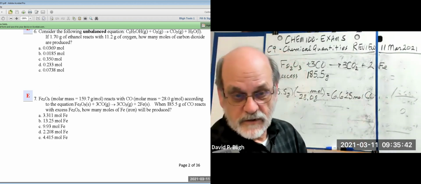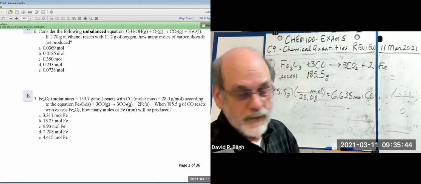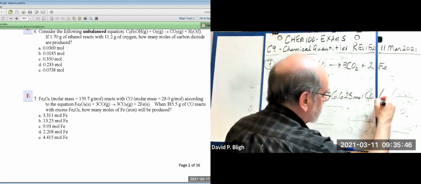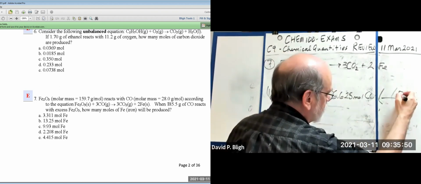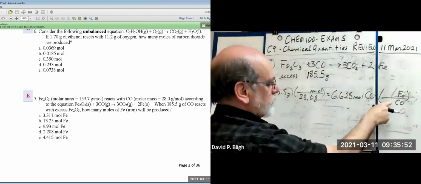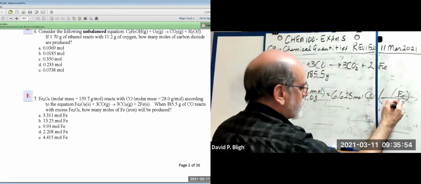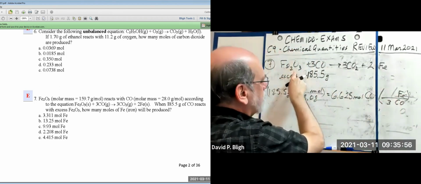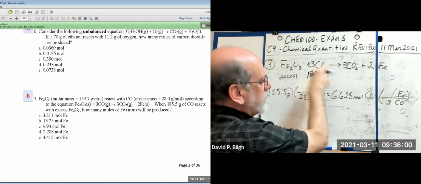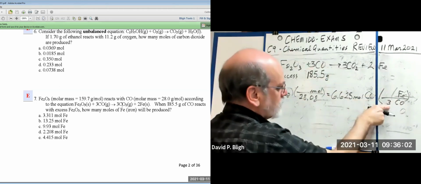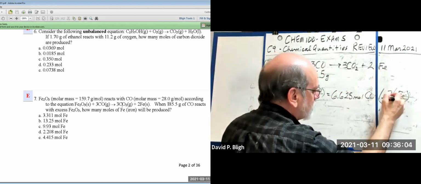So go back to the question. How many moles of iron are produced? So we need to cancel carbon monoxide and leave us with iron. So the coefficient of carbon monoxide is 3. Yeah, that's right, carbon monoxide. I pointed the wrong one. This one here. And 2 for iron.